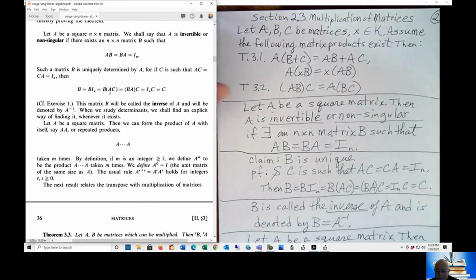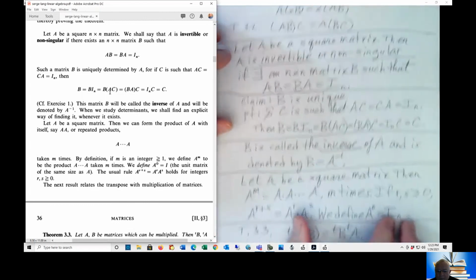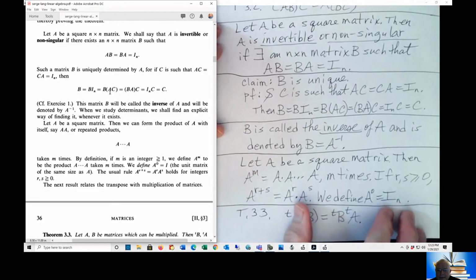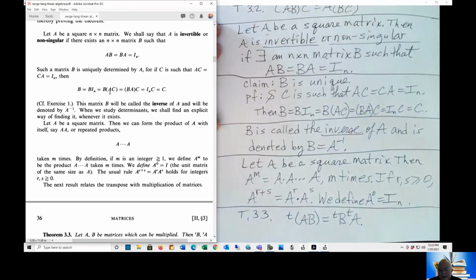But next, look at if A is a square matrix, how do we define A to the m exponent?